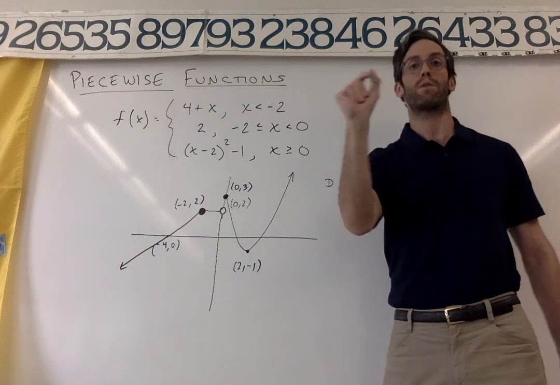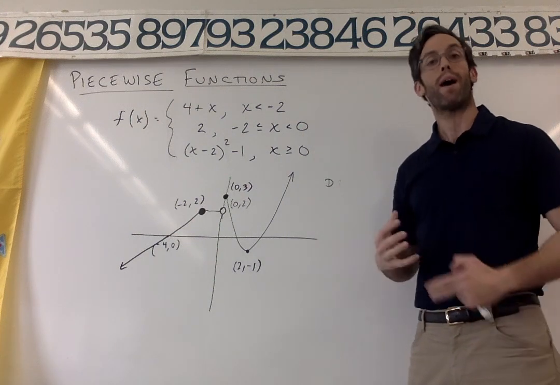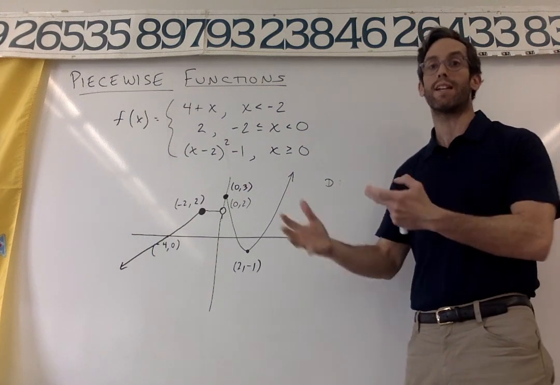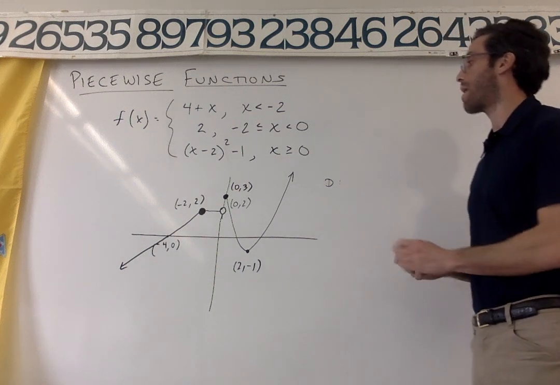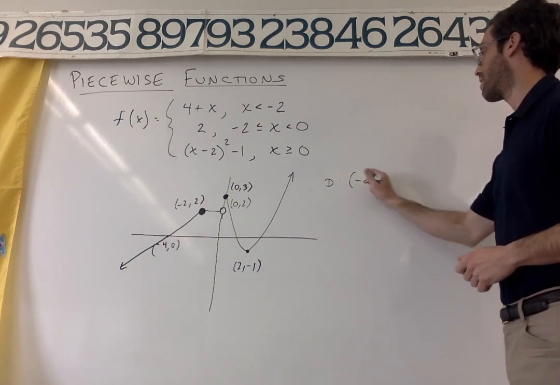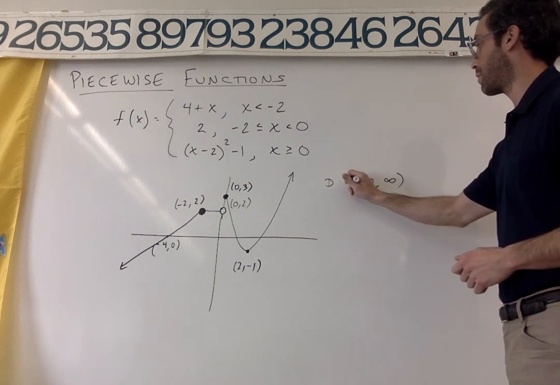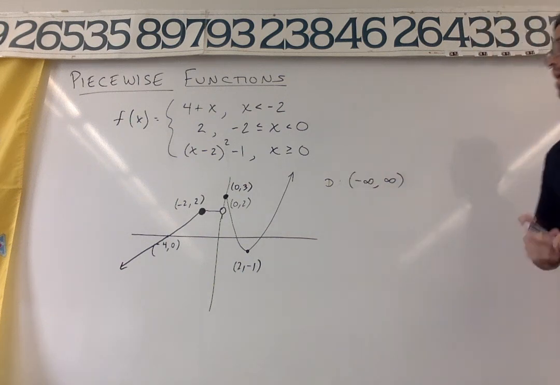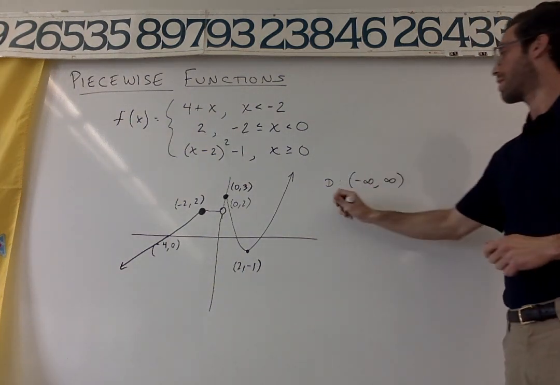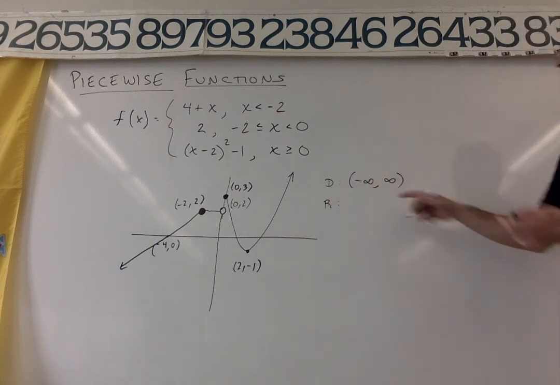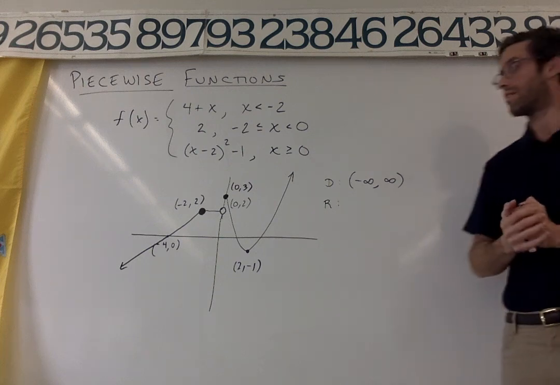You have to physically lift up your pencil to draw this graph. But the x values do continue. Every x value from negative to positive infinity does have a corresponding y value, all right, including 0. So the domain is this. And so I do expect you to use interval notation. And the range also is the same.